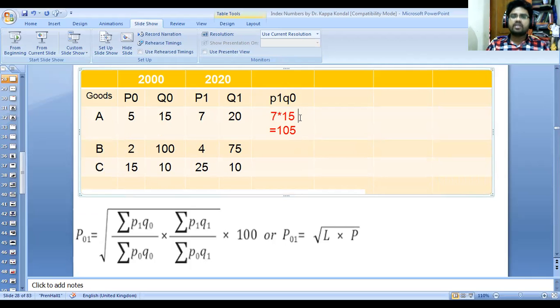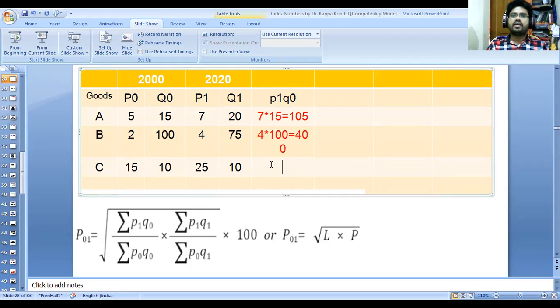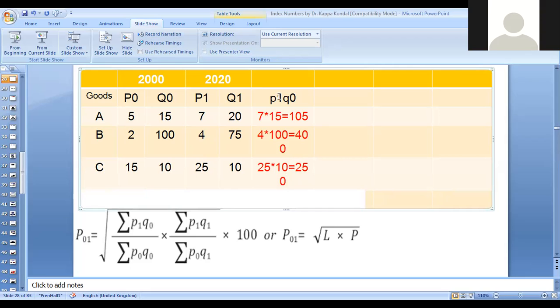Like this, we need to enter the data. Then P1 into Q0, 4 into 100, is 400. Then 25 into 10 is 250.